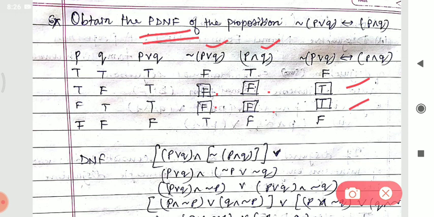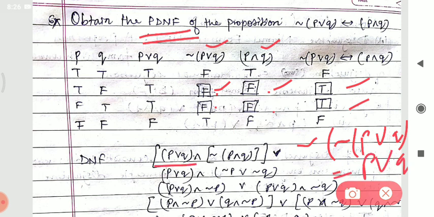What we are doing is negation of negation of P or Q implies P or Q. It is written here. Again, negation of P and Q, so it is negation P or Q using De Morgan's law.